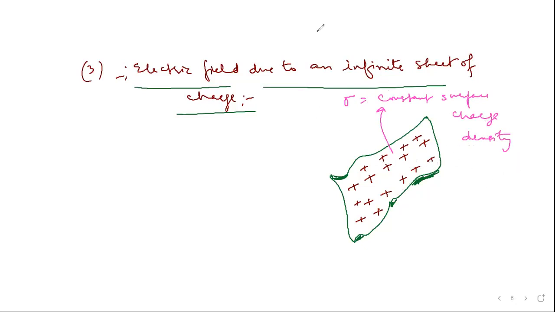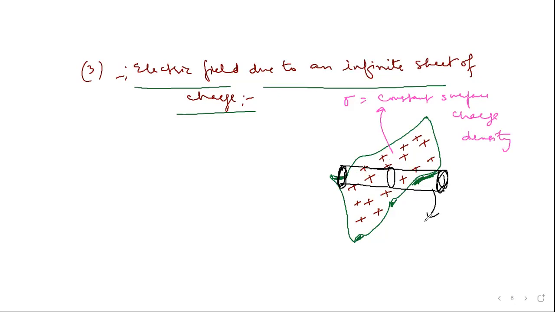I have to construct a Gaussian surface. So I construct a Gaussian surface like this. Understand this figure. So my Gaussian surface is in the form of a cylinder, but this cylindrical Gaussian surface is penetrating through the sheet. Part of it is to the left of the sheet, part of it is to the right of the sheet.